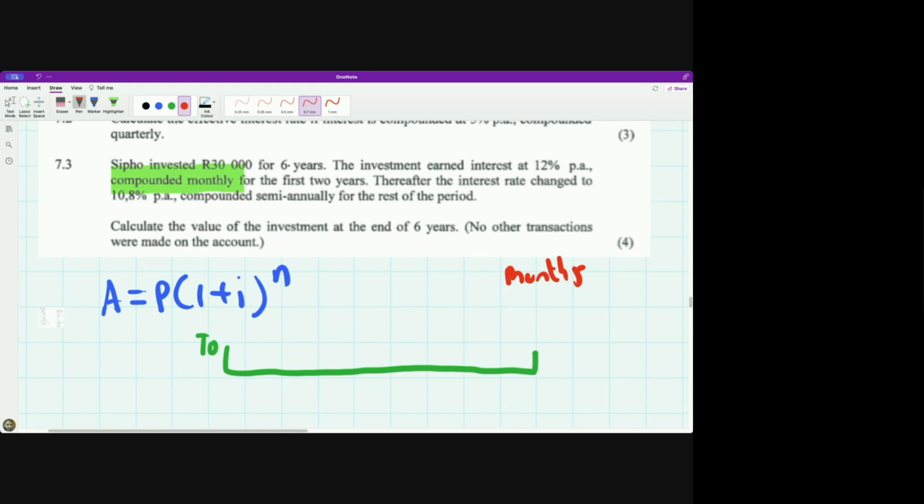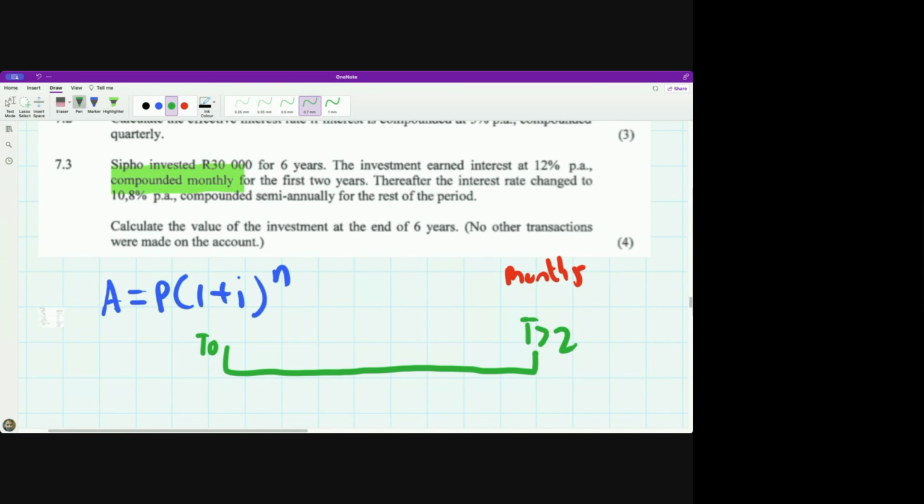So even though it's 6 years in total, I would really like to know how many months are there in 6 years? Can you tell me? There are 72. So on my timeline, I'm going to put T72.